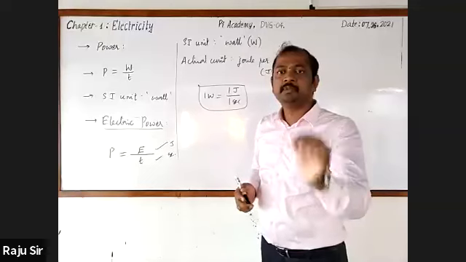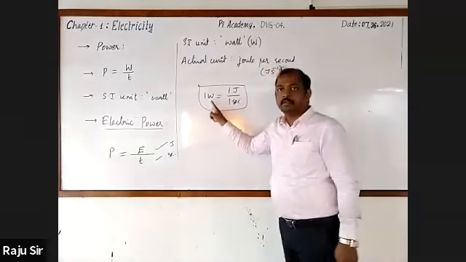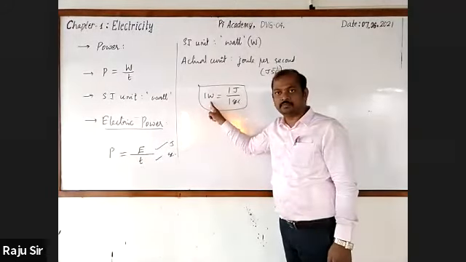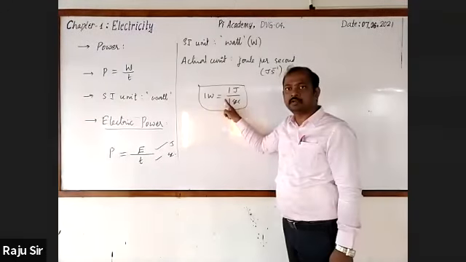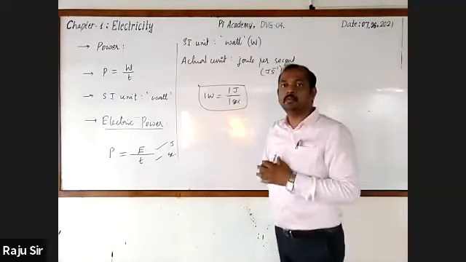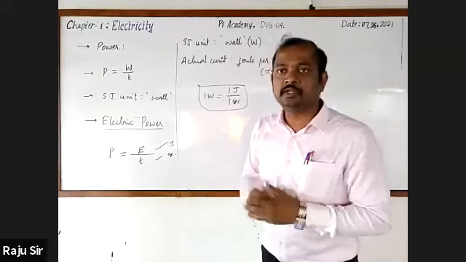Once I repeat, the power of an electrical component is said to be 1 watt if it consumes 1 joule of electrical energy in 1 second. Imad Khan, your attention should be here.